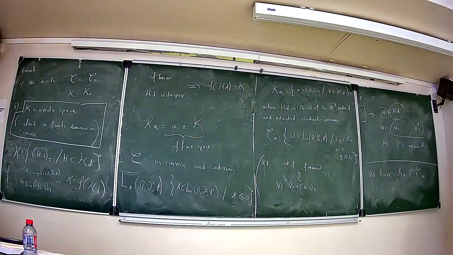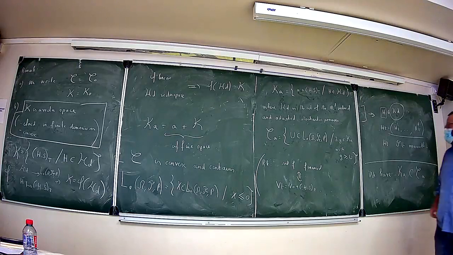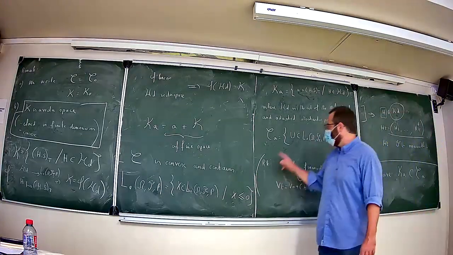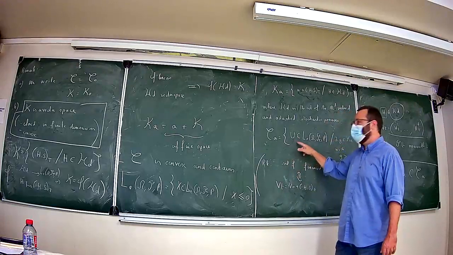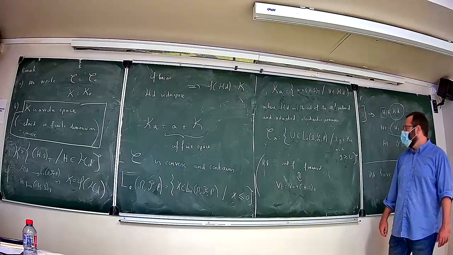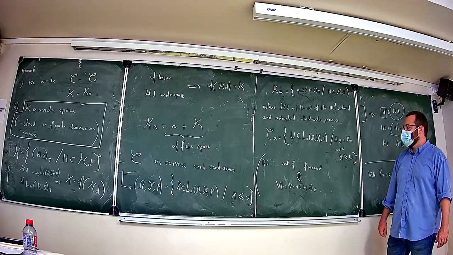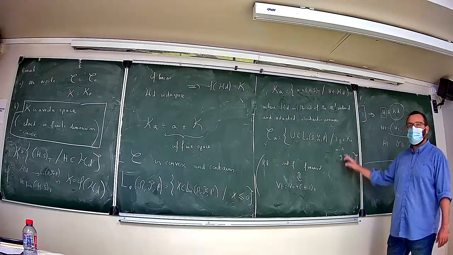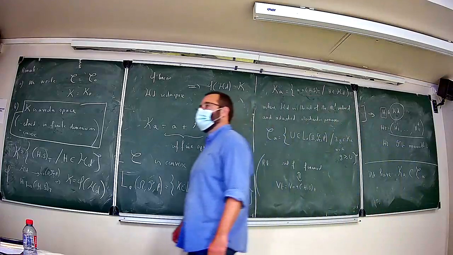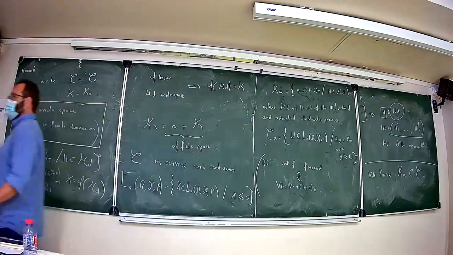Why do I contain the set of the random variables that are negative? Have a look at the definition. Why does a random variable U that is negative belong to this set here? For small a equal to 0. Why? Because what can I take for J if U is negative? 0.